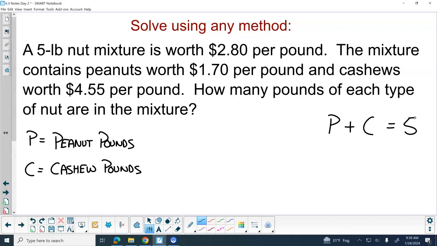Second equation then. The second equation in a money type problem is going to be the value of each item. So how much is 1 pound of peanuts worth? $1.70. So that means 1.70p plus how much is each pound of cashew worth? 4.55c.